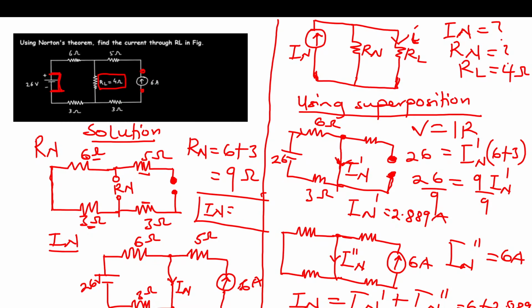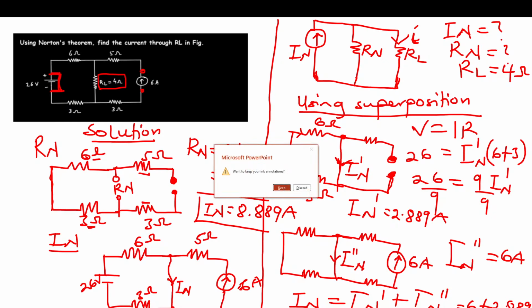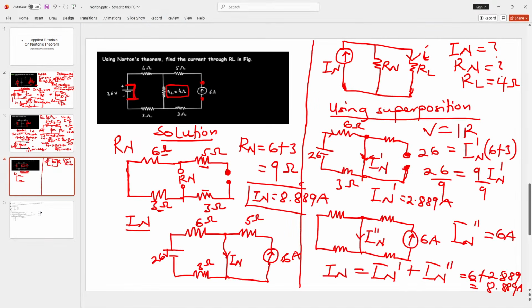In is equal to 8.889 amperes. Alright, so right now we found Rn. We had Rn to be 9 and our In to be 8.889. So we can find the current.